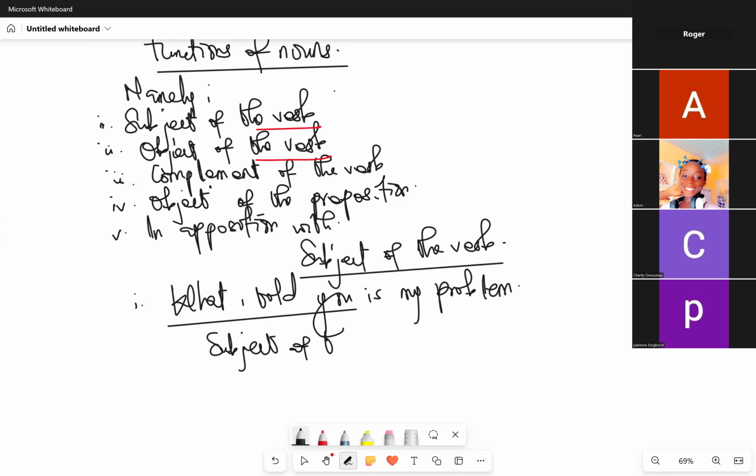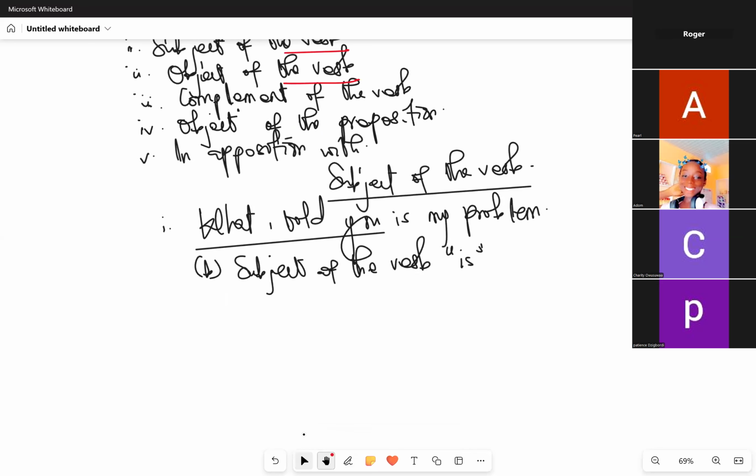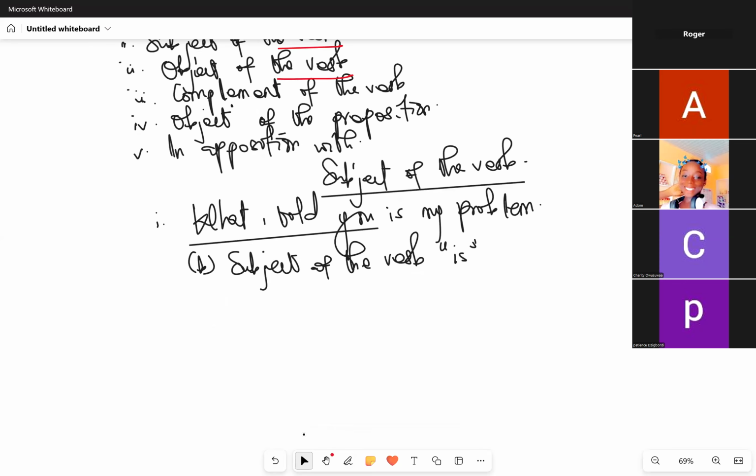If you are being asked what's the grammatical function, and that usually is the second question, the first question being what's the grammatical name, just say subject of the verb, then you put the verb in inverted commas: is. That's all. So when it comes before the verb, it acts as what? Subject, right? I can give you more.